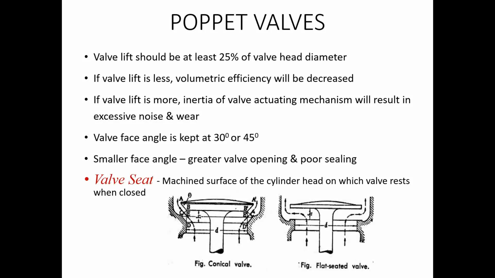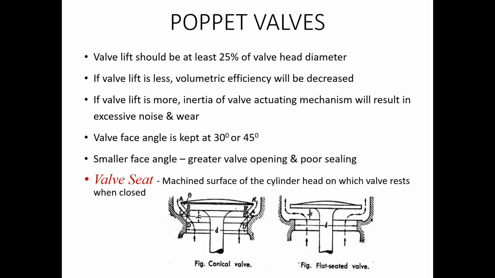If the valve lift is less, that means if the valve does not open sufficiently, the volumetric efficiency will be decreased, because first thing is proper intake will not be there. Sufficient air fuel mixture will not be entering into the engine cylinder, and also sufficient exhaust will not be exhausted out of the cylinder. So this will affect the volumetric efficiency.